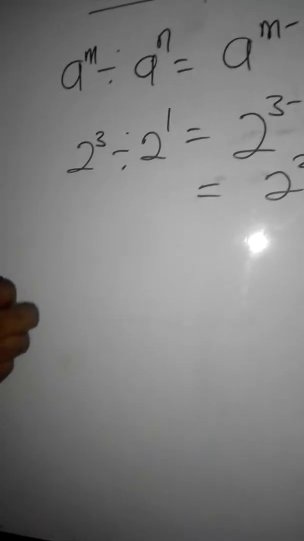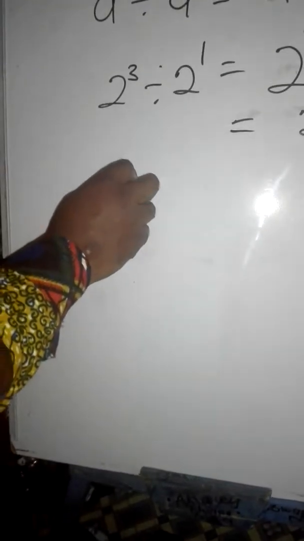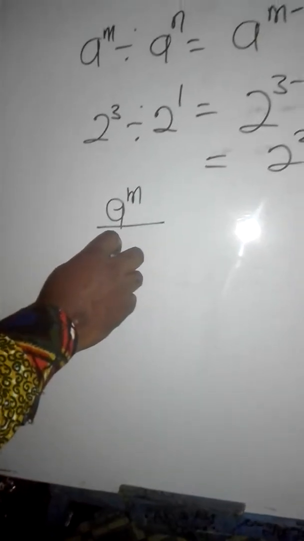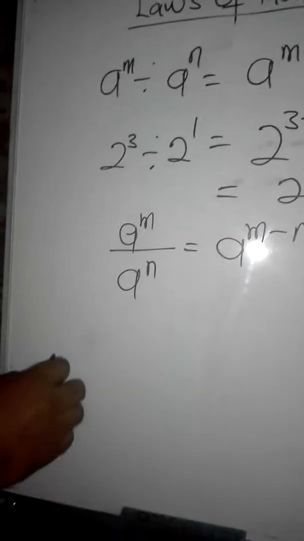These can be represented in other forms. For example, we could have a to the power m divided by a to the power n, which is the same as a to the power m minus n. Let's take an example.